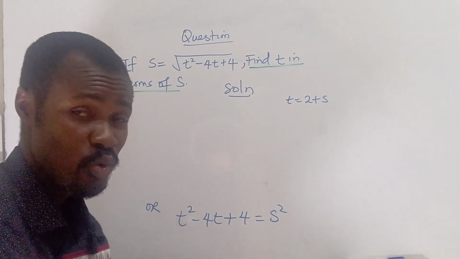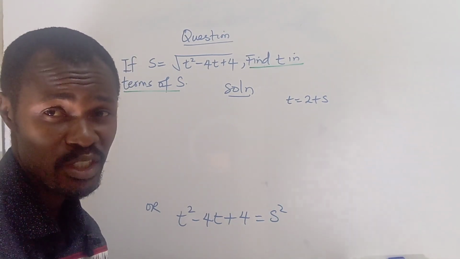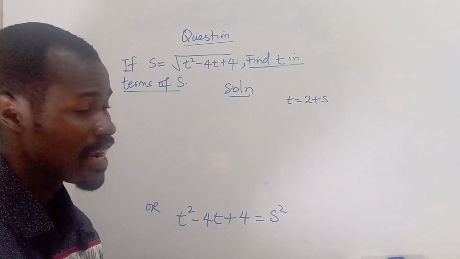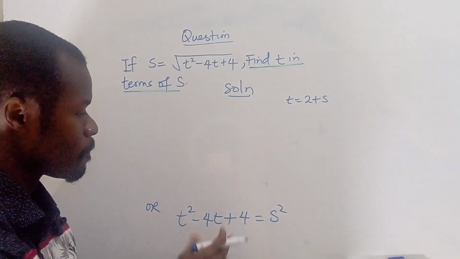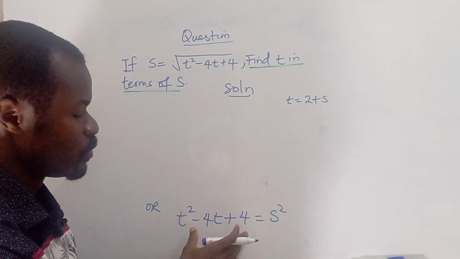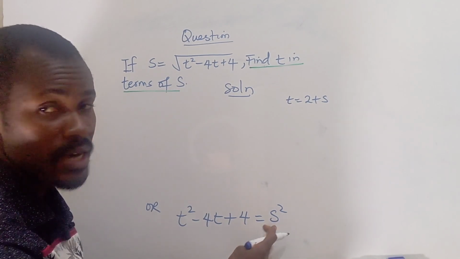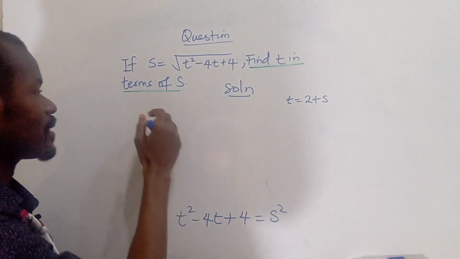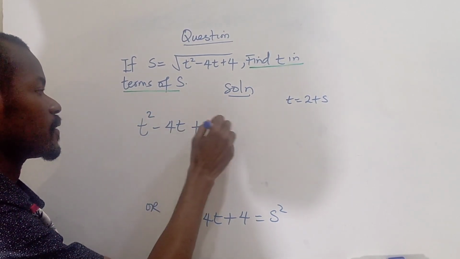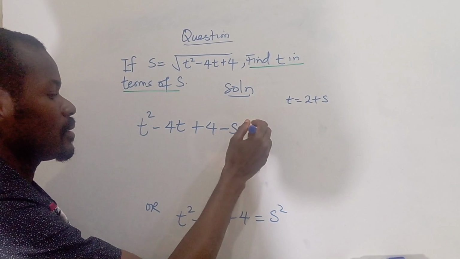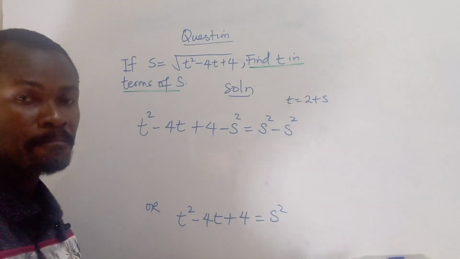So t squared means we have two values of t, or two expressions of t. So let's try to get the two expressions and not just one. For this, I'm going to make this equal to 0. So all I need to do is subtract s squared from both sides. So I have t squared minus 4t plus 4 minus s squared is equal to s squared minus s squared.